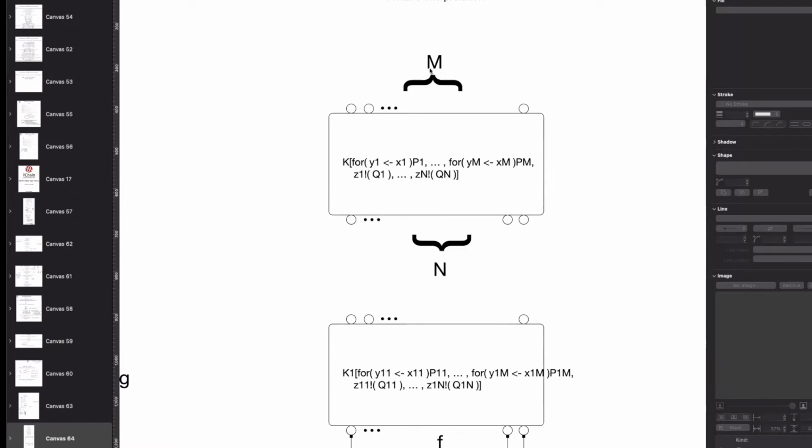If there are M inputs, there'll be M holes for the for comprehensions, and if there are N outputs, there'll be N holes for the sends, which gives you M plus N holes inside the context. Does that make sense?